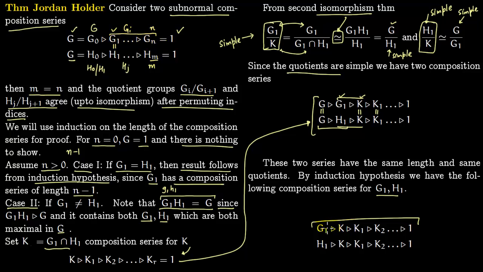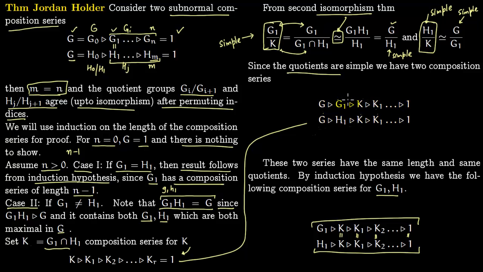Similarly, this length would agree with this length, so both lengths are the same. Now the quotient groups are also the same. At least you can see K over K1, K1 over K2, because all these are the same. The quotient groups are the same, but there can be some adjustment for isomorphism. For K, the factors are the same because you have the same composition series.